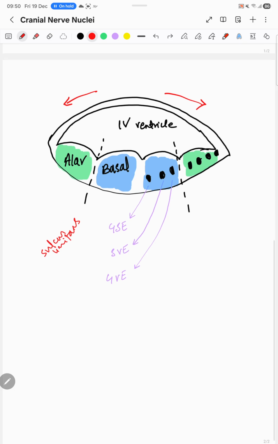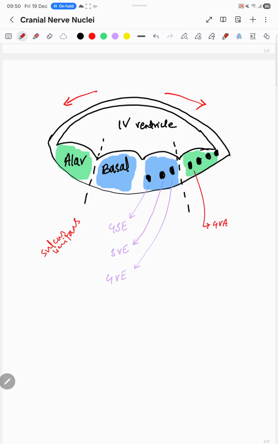What is the name of these nuclei? The nuclei of the alar plate and the basal plate are mirror images of each other, right? Of course, we have an extra one over here, but still the names are mirror images. For example, this one is the general visceral efferent, so the guy over here is also general visceral efferent.